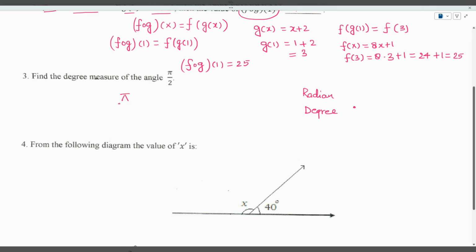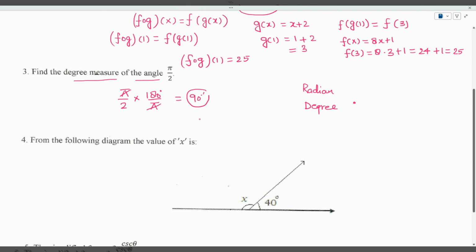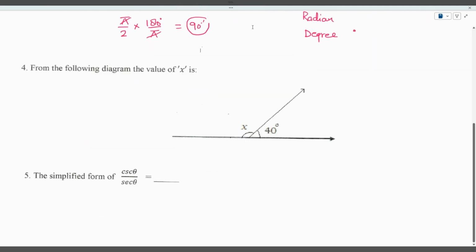So pi by 2 is multiplied with 180 degrees over pi. As you can see, pi and pi cancel, and 180 degrees over 2 is equal to 90 degrees. So the degree measure of the angle pi by 2 is 90 degrees. Whenever you want to find the degree measure of any angle, you have to multiply the angle by 180 degrees over pi. Let us go to the next problem.